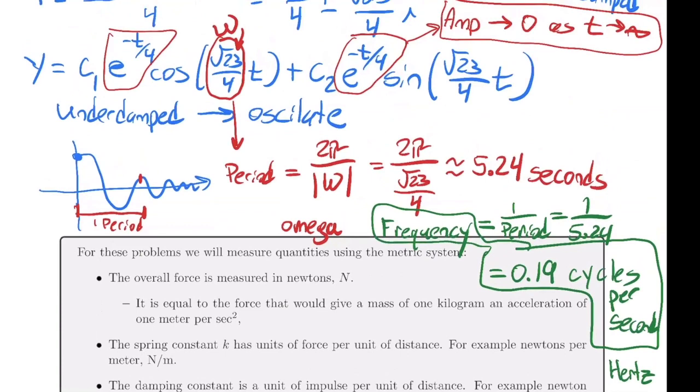So this omega over here is what's called the angular frequency. And this would be what is called the natural frequency. And so more commonly, we describe it in terms of how many cycles are completed in a second.